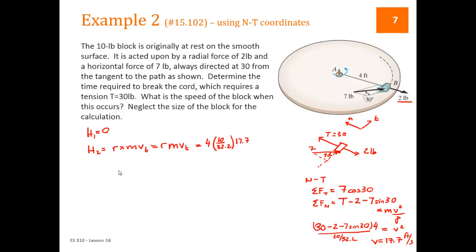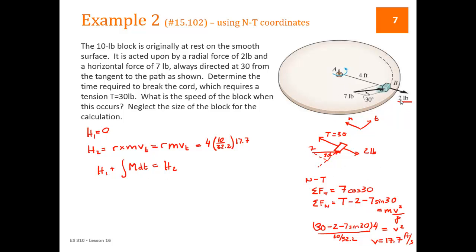Our impulse momentum equation then says that h1 plus the angular impulse, the integral of the moments dt, is equal to h2. So what is causing this moment? Well, the only force that's causing a moment is this tangential force, right?